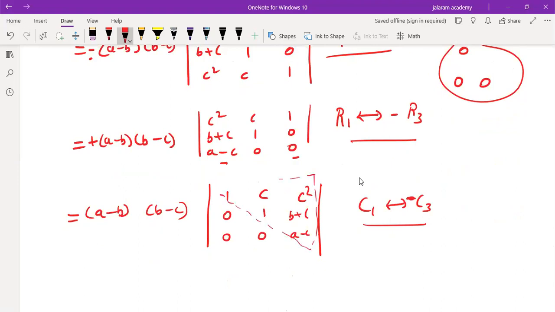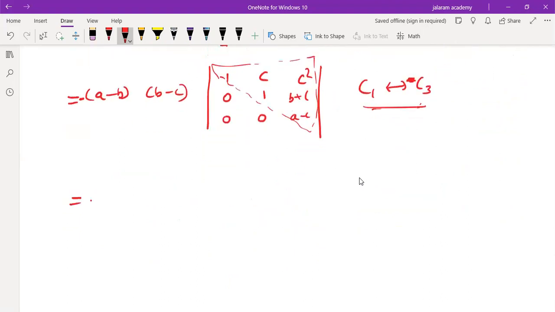upper triangular determinant. Means all the elements below the principal diagonal are 0. And there will be a minus also, as we have altered the columns. Column 1 and column 2 are interchanged, so we have to multiply by minus. Minus (A minus B) into (B minus C), as all the elements below the principal diagonal are 0.